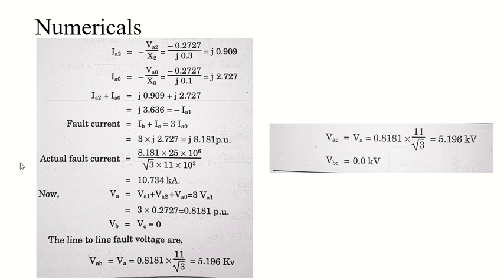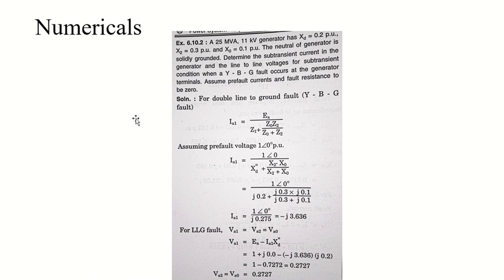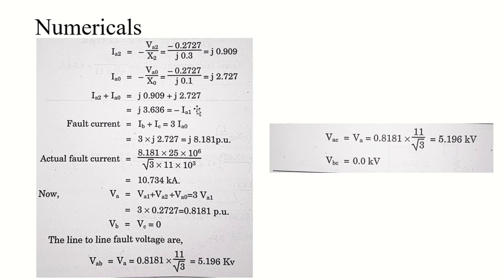So we will simply add ia2 and ia0 to verify the value of ia1. When you do so, you will find minus ia1 equals j 3.636, and you will verify it with the value we derived earlier, where ia1 is equal to minus j 3.636. If that matches, you are on the correct path.